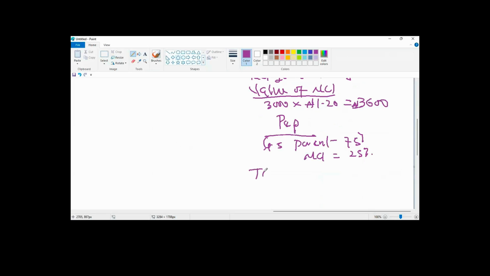I would say total number of shares in the subsidiary, because the value of shares is over the nominal value. What is the value of shares? 20,000 divided by the nominal value of 1 naira gives me 20,000. You only acquire 75%.